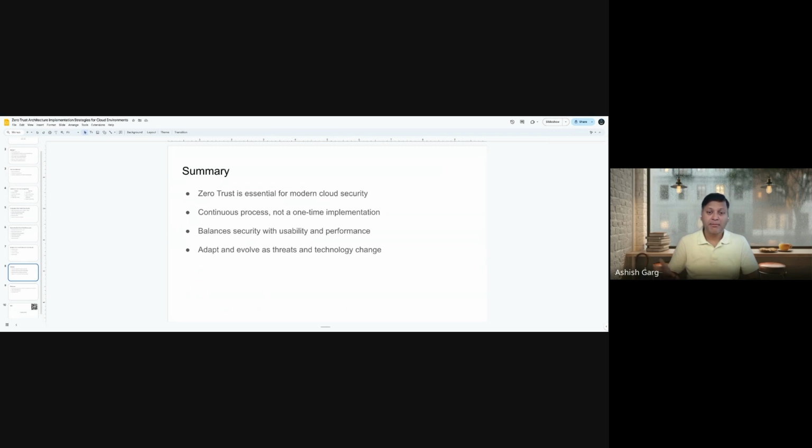It balances security with usability and performance. Of course, there is always going to be some friction, but it helps you manage your security very well, have evidence collected, and potentially stop some of the breaches that could happen, especially in a larger environment. You can adapt and evolve as threats and technology change. Like I said, you can tighten your policy.